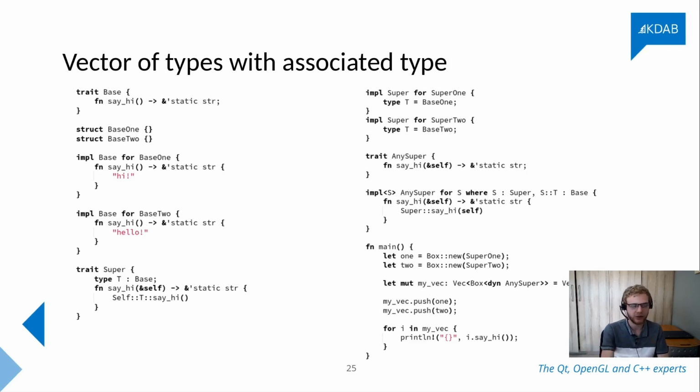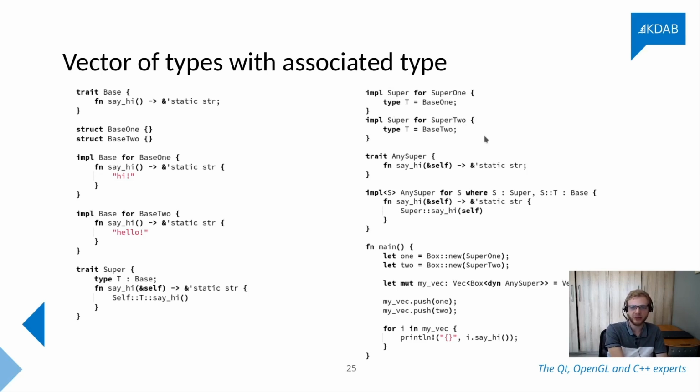The point is, I needed to keep a lot of these things in some kind of container, and you can't have a Vec of Box then Super. It doesn't allow you to do this because Super isn't, I'm not sure what the correct Rust term is, but it's basically not a fully qualified type. Whenever you talk about Super, you also need to say what T is. You can't just say Super. It's not a type you can put in here.